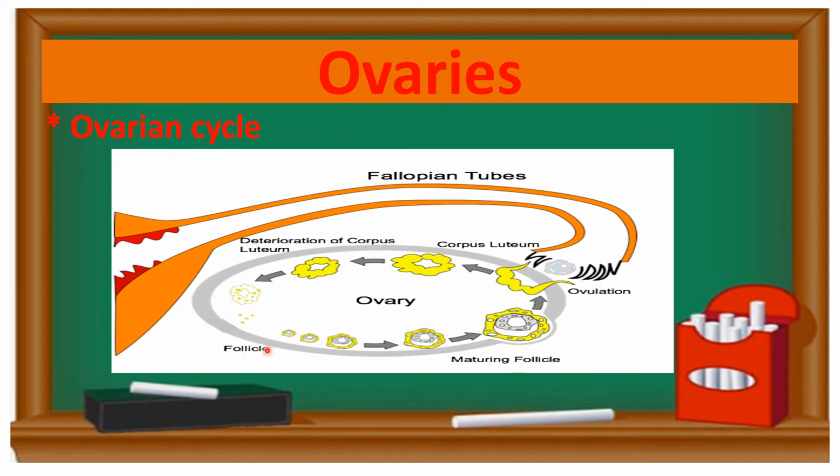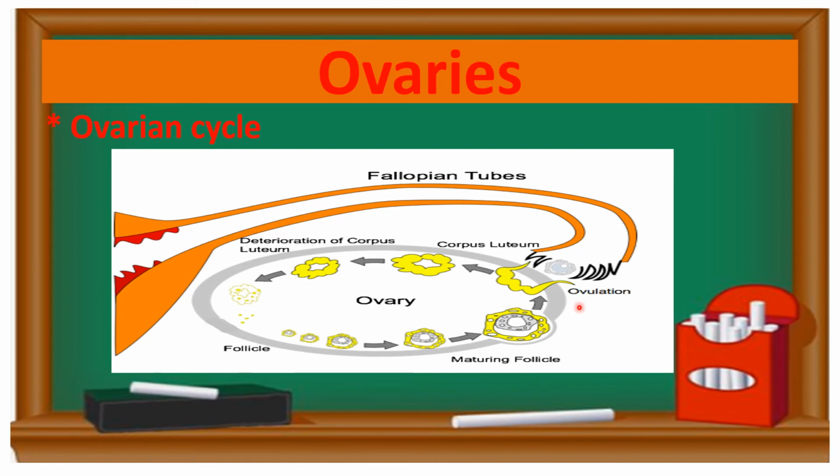Okay, so the follicle is the one that protects the egg until it matures. As you can see here, there's a maturing follicle already. When the follicle matures, after that, the egg will be released to the uterus from the ovaries.